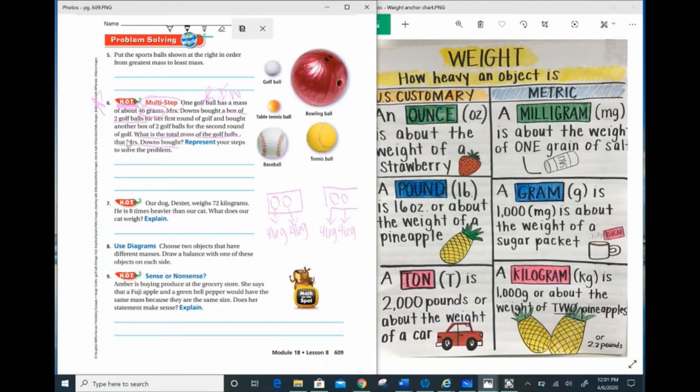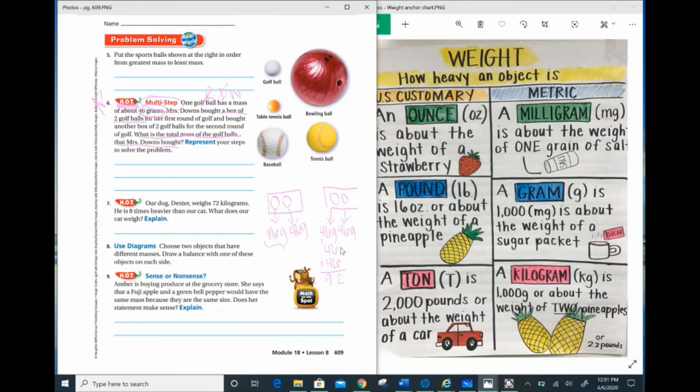So I already drew it. Let me go ahead and figure it out. So I know she bought total 4, 1, 2, 3, 4. And each one is 46 grams. So I'm going to add all of these 46s up to figure out how many grams were total. So I know I have 46 plus 46. Let me do that first. 6 plus 6 is 12. I carry the 1 to regroup. 4 plus 4 is 8 plus 1 is 9.